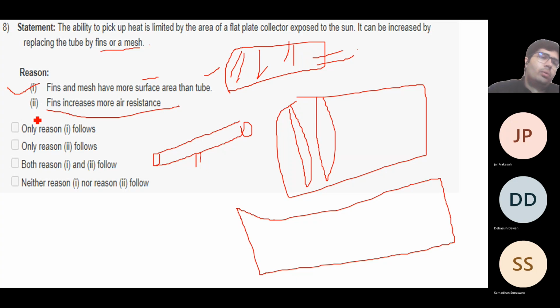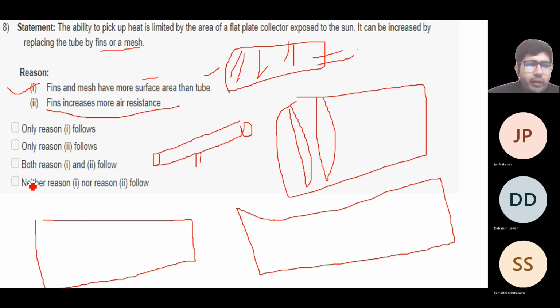Now come to statement 2. Fins increase more air resistance. Is there anything about air resistance? Is there some convection between the tubes and the air? Basically no, because the fins and tubes are covered in an enclosure. In a solar flat plate collector we have an enclosure with some tubes or fins, and there is no direct contact of air with those collecting surfaces.